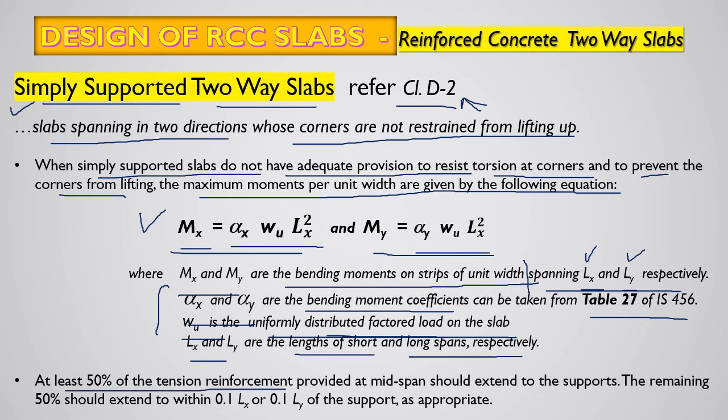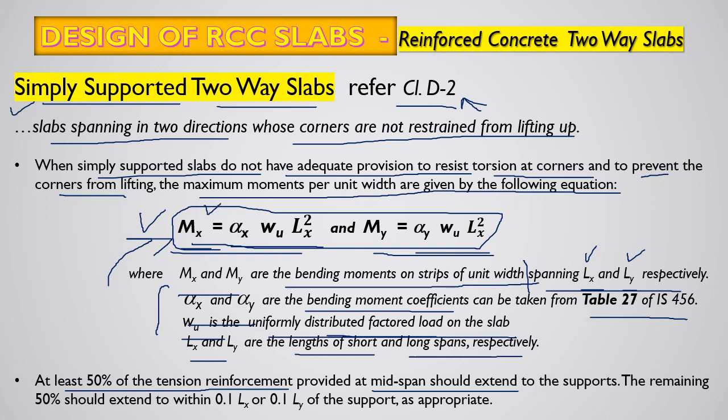Another important information is at least 50% of the tension reinforcement. That means whatever the reinforcement you are getting for Mx or My, minimum 50% of the reinforcement provided at mid-span. Mid-span, because we are going to design a simply supported slab, and we know that in case of a simply supported type of slab, maximum bending moment is at the mid-span. So that means these two formulas will be giving you the maximum bending moment at the mid of span, and we are designing the reinforcement for Mx and My.